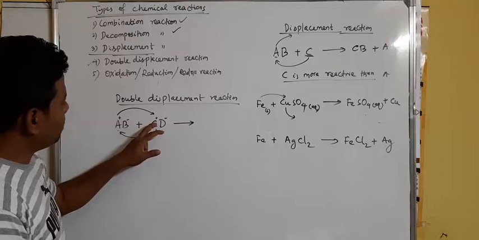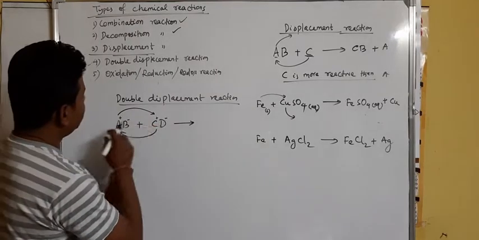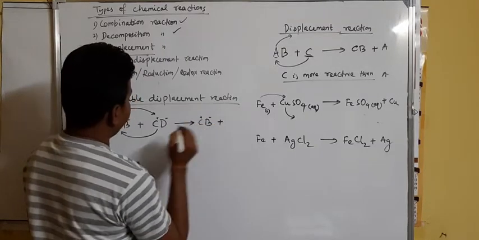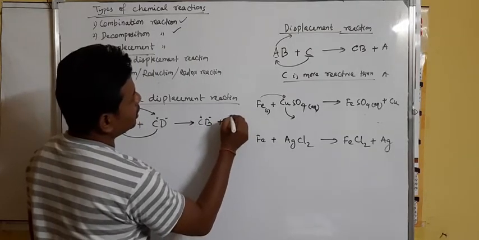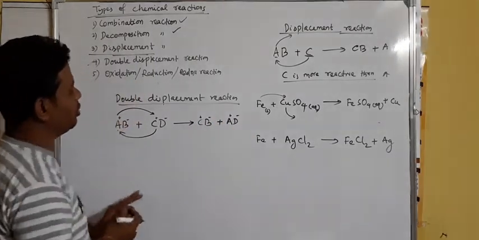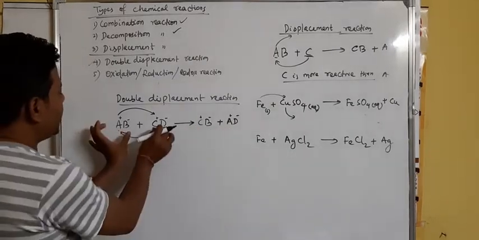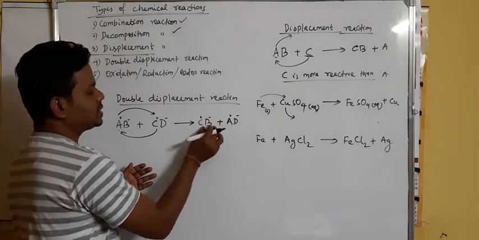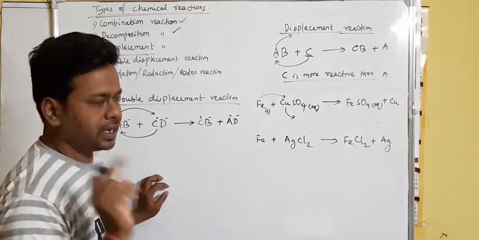A comes to the place of C and C comes to the place of A. So it will form CB and AD, two new compounds. When two ionic compounds exchange their ions to form two new substances, it is called a double displacement reaction.